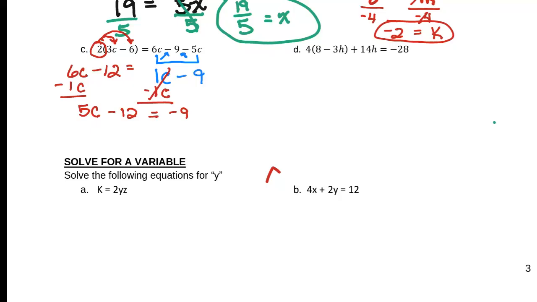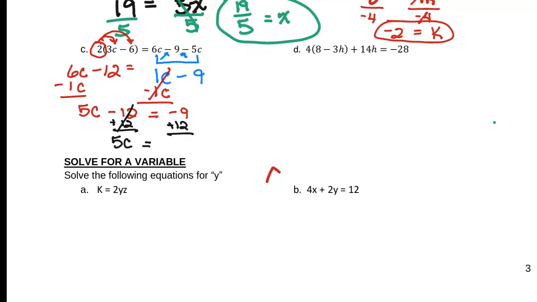All right, now I got to move my numbers to the other side. How do I move it? Add. Plus 12. Plus 12. Those cancel out. 5 times C is equal to, what's negative 9 plus 12? No, one's negative.